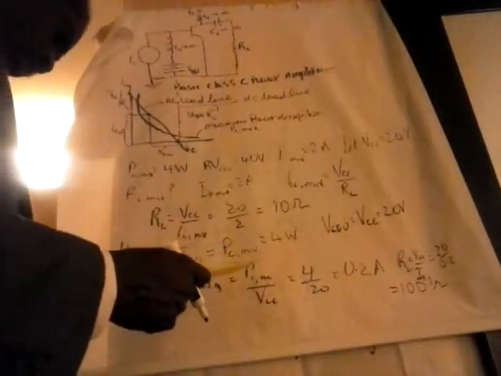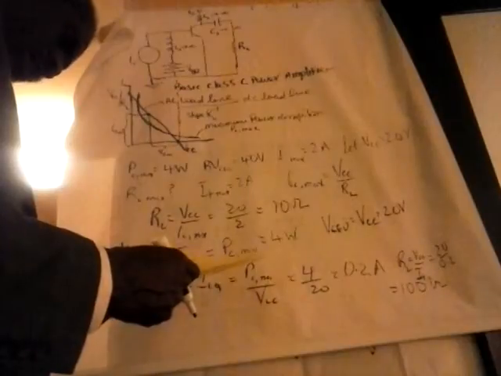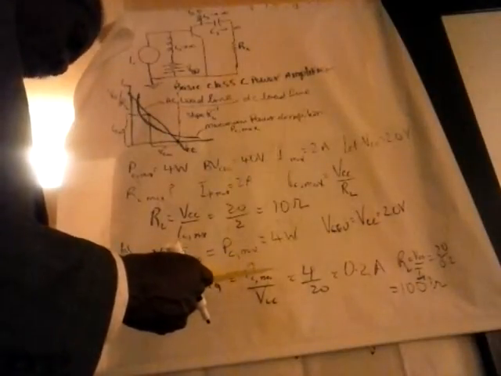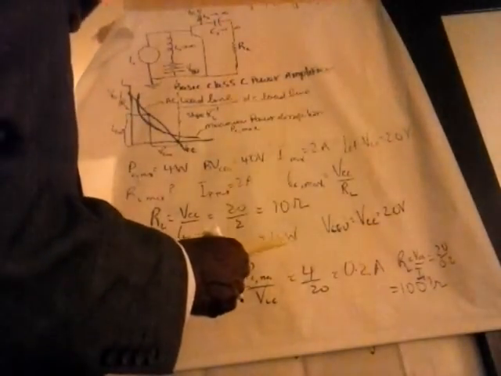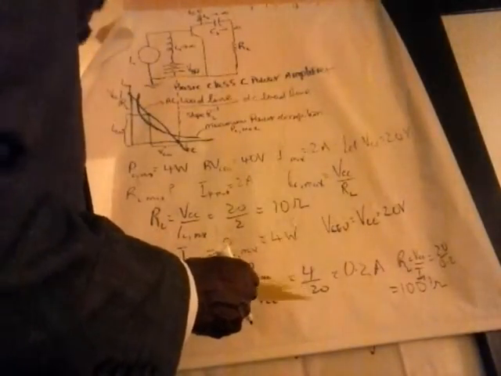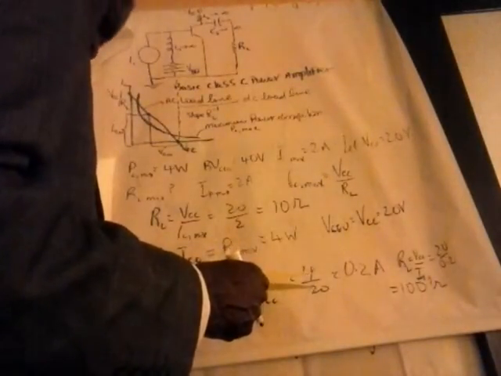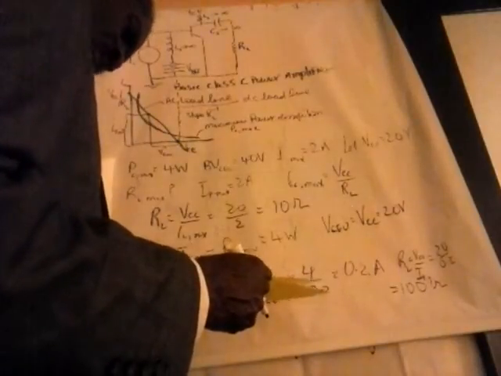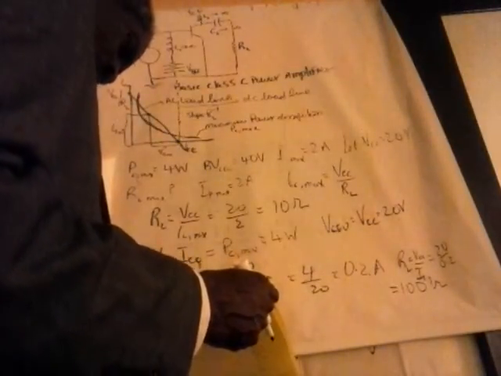Going back to our AC and DC load line, we see that ICM must be decreased sometimes considerably from the value IC max over 2.